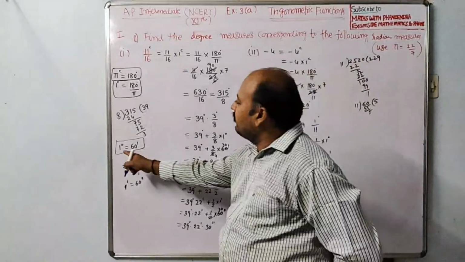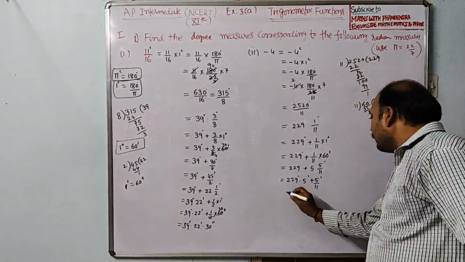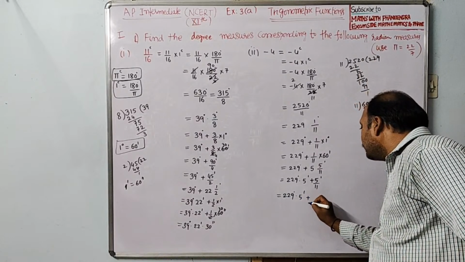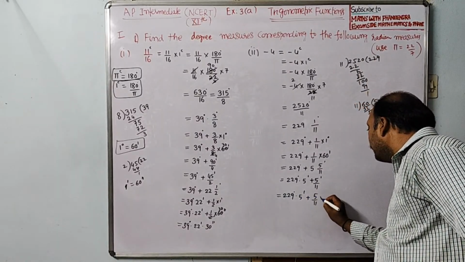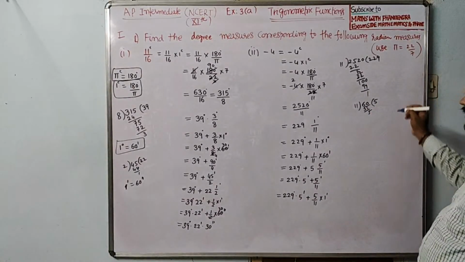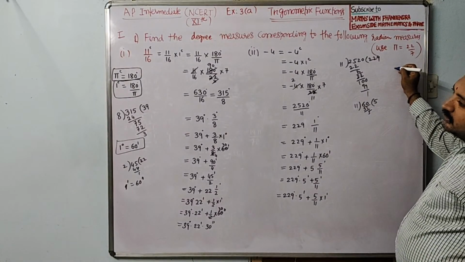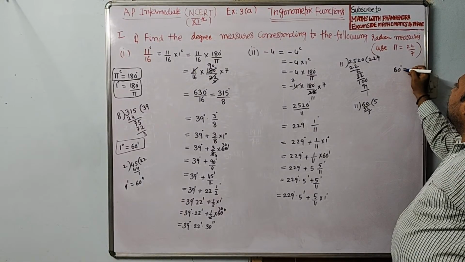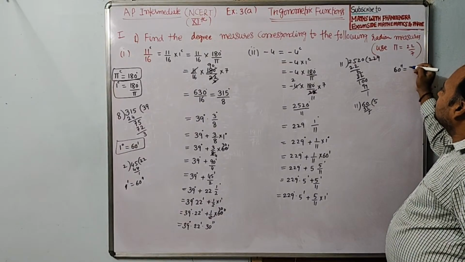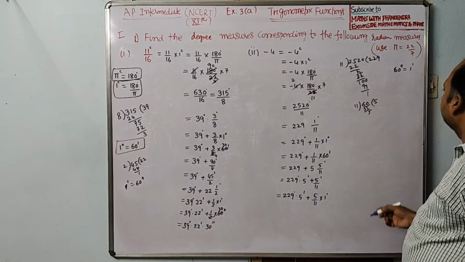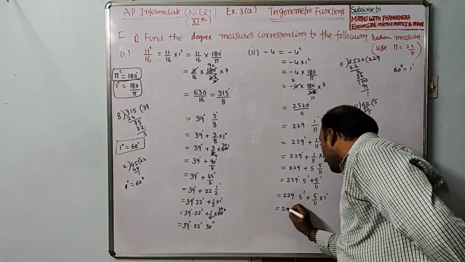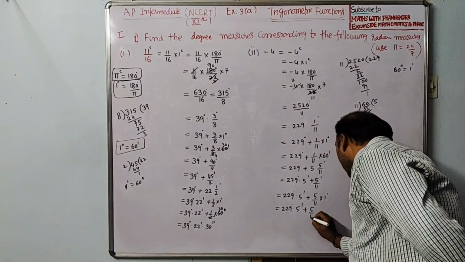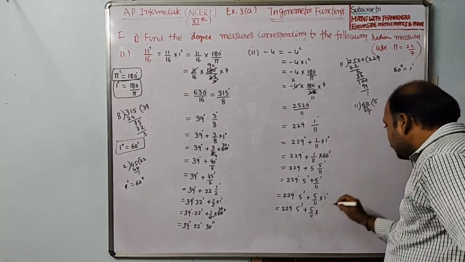So again 1 minute can be written like this. So 229 degrees 5 minutes plus 5 by 11 into 1 minute. Again 1 minute can be written as 60 seconds. So we can write it as 229 degrees 5 minutes plus 5 by 11 into 60 seconds.